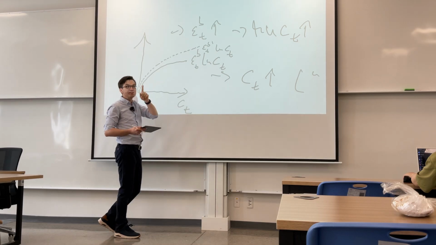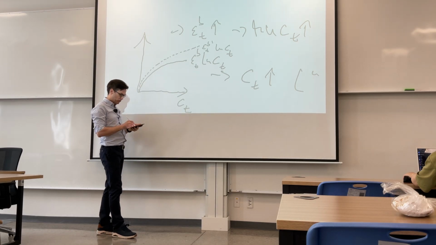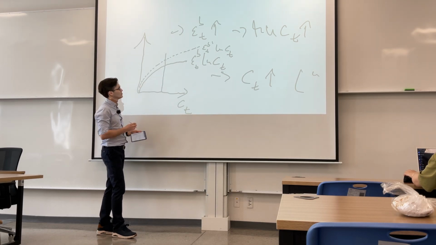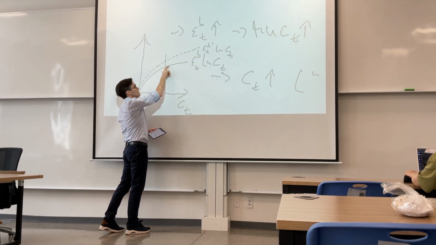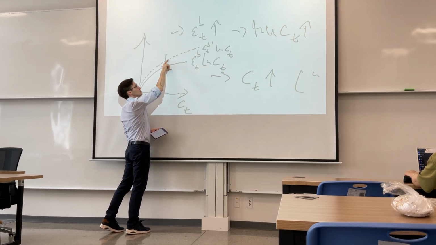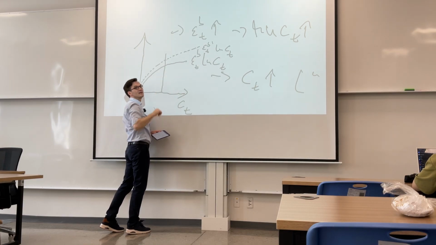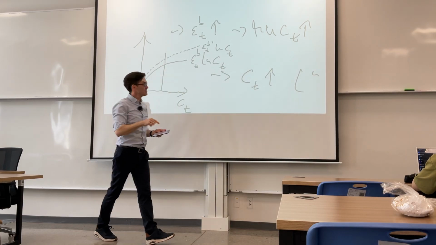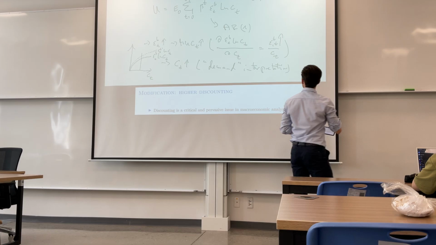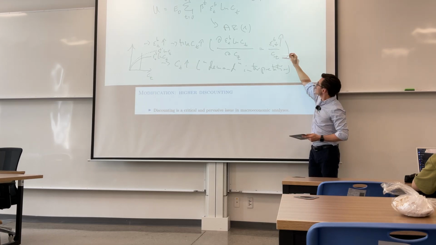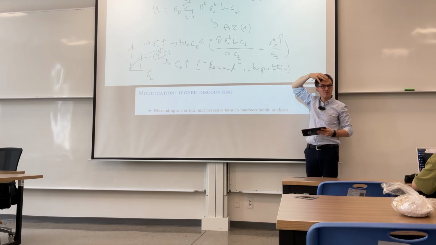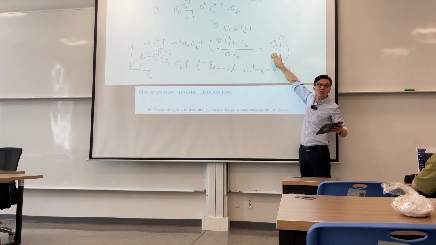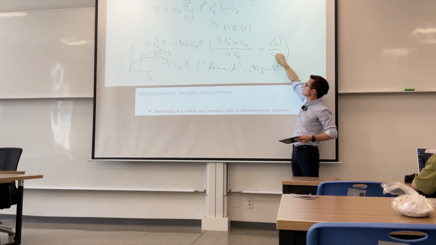And that's the ceteris paribus argument. Suppose you have some level of consumption. Now you see that the marginal utility at this point is smaller than the marginal utility at that point. That's the key idea. So when I say the marginal utility of consumption goes up, it means ceteris paribus, suppose C doesn't change for a second, this shifts up the marginal utility.